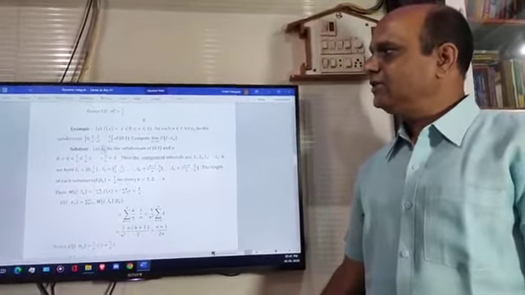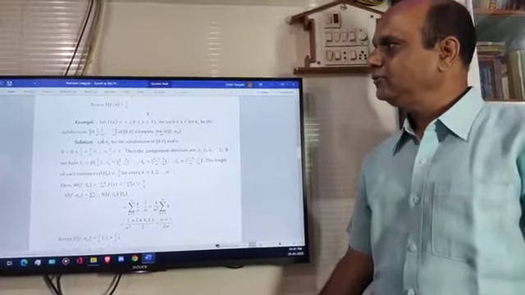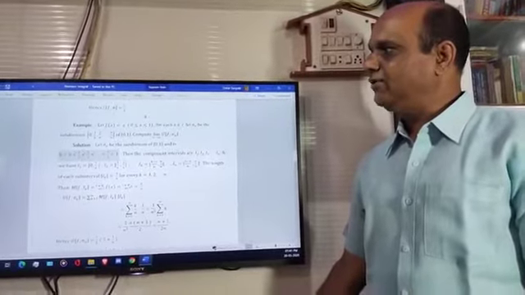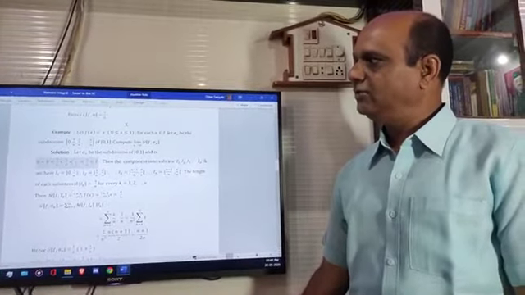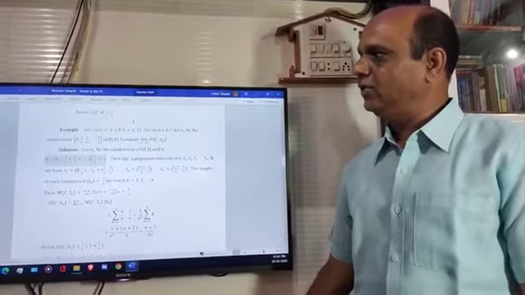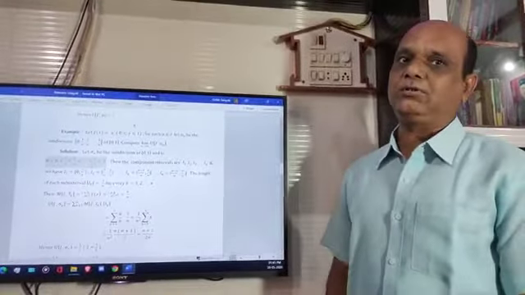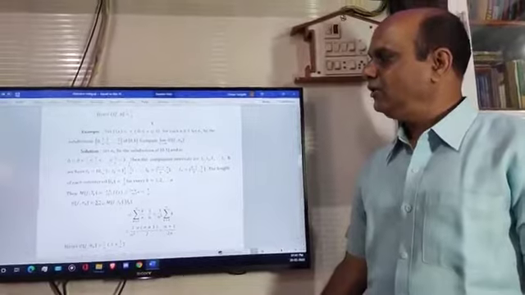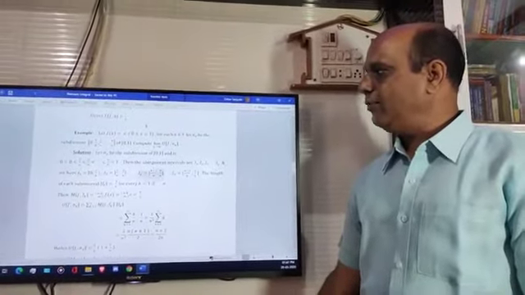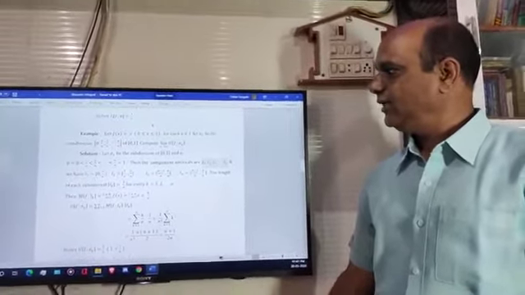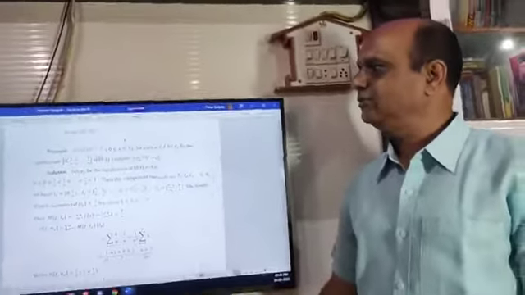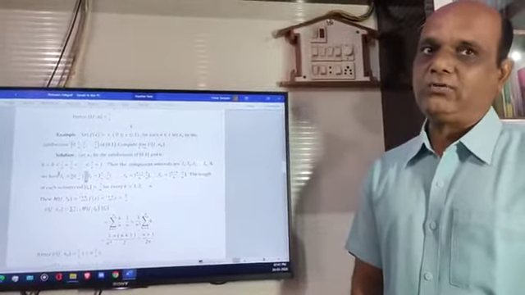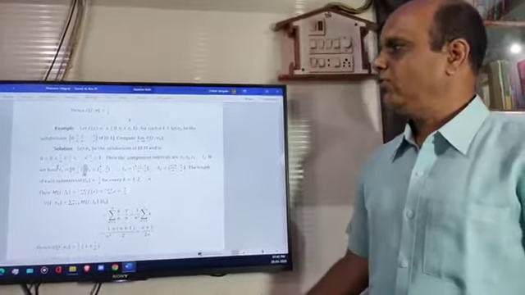We have been given this subdivision sigma n, so we will check here: 0 is equal to 0 is less than 1 by n is less than 2 by n and so on, is less than n by n is equal to 1. So it is a subdivision of the closed bounded interval 0, 1. And the component intervals I1, I2, up to In are like this. The first component interval I1 is the closed interval 0, 1 by n.